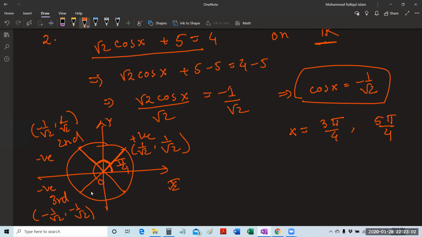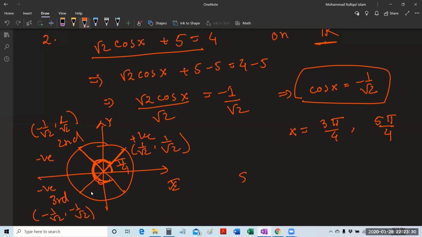So in order to find that, we see that if we move simply pi from this position, we get other values. So our solution would be something like this: x equals, no, sorry, it should be something like this.